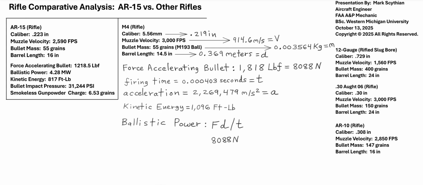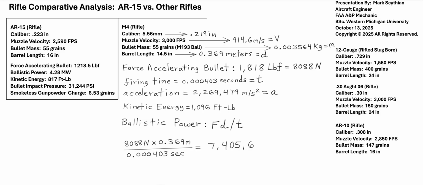Next is the ballistic power, and this is only the power involved in the complete travel of the bullet through the barrel. So that's the force accelerating the bullet times D, the barrel length, F times D, then divided by T, the firing time. So we have to use the metric system, so newton meters per second. 1 newton meter per second is equal to 1 watt.